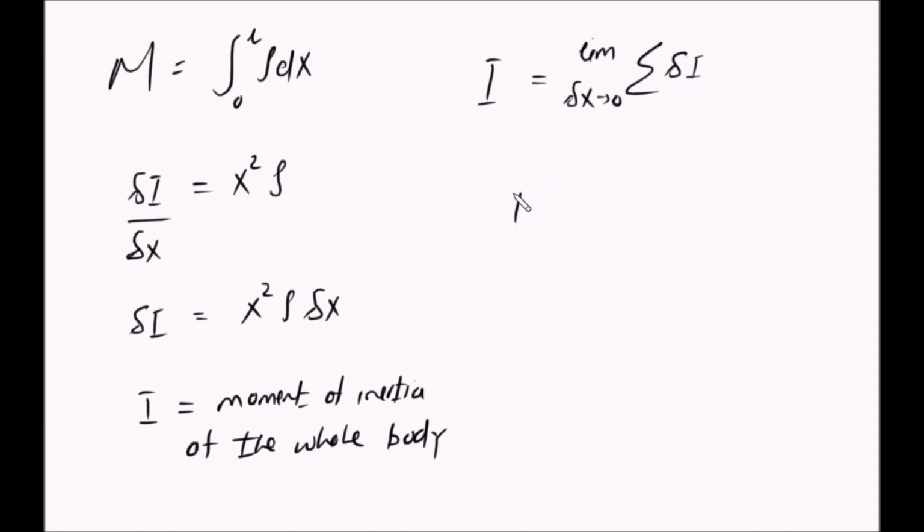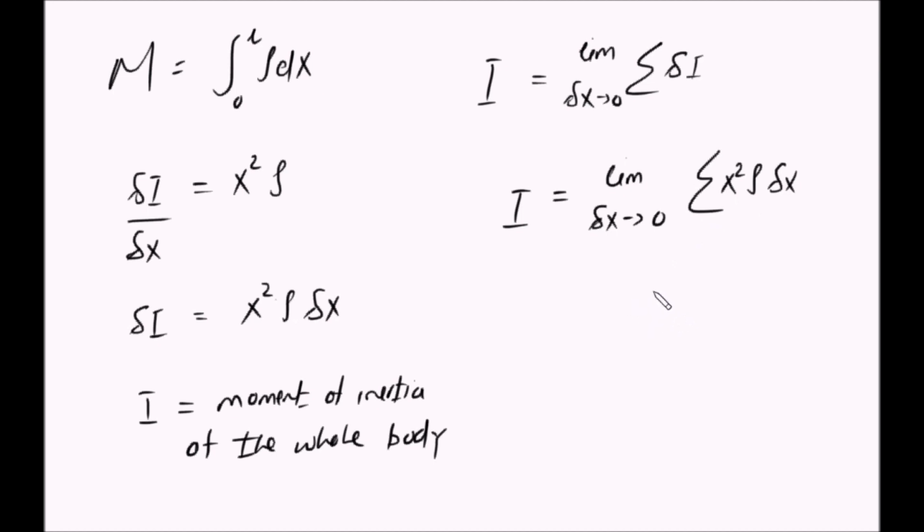Lakini delta I ni nani? Ni huyu hapa, so I is gonna be the limit as delta x approaches 0 summation ya x squared rho delta x.